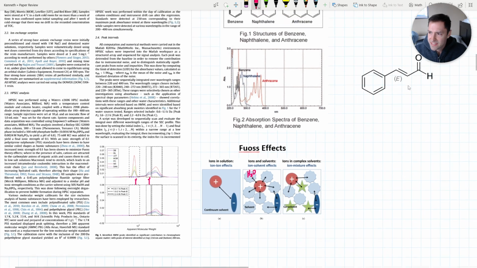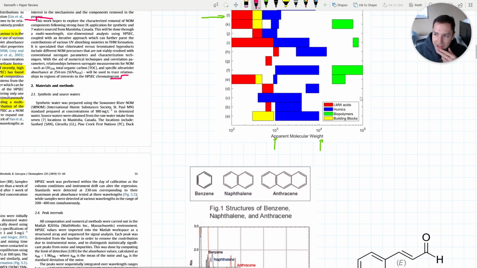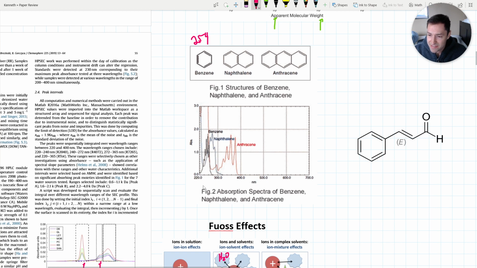The other thing to consider is that this has to do with absorbance, and why it's so difficult to characterize is because we have something like benzene, and I think benzene absorbs light very well at 254 nanometers. But depending on the substitution, and also depending on whether you have one or more aromatics which add to the conjugation, benzene absorbs light really well at 254, let's say, but when you have more of these aromatics, it pushes the absorbance spectrum closer to 350.